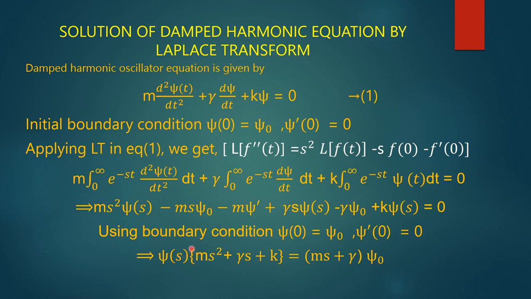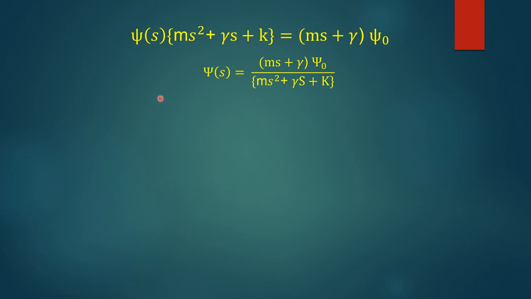That is, Ψ(s) = (m s + γ) ψ₀ / (m s² + γ s + k).